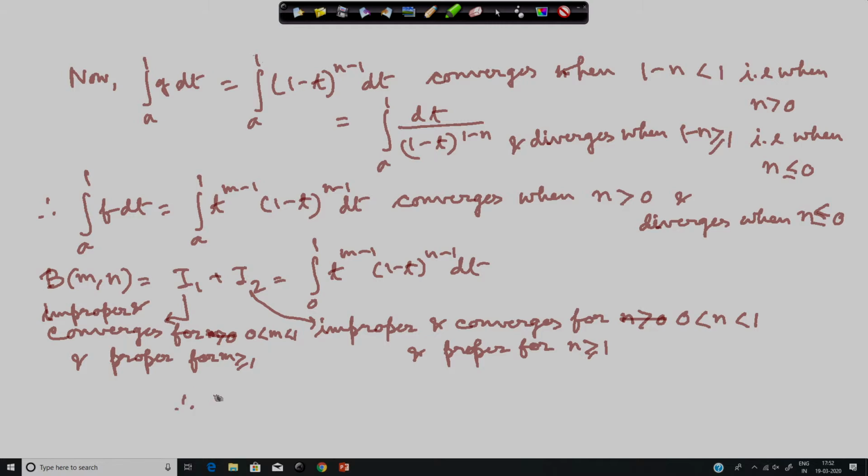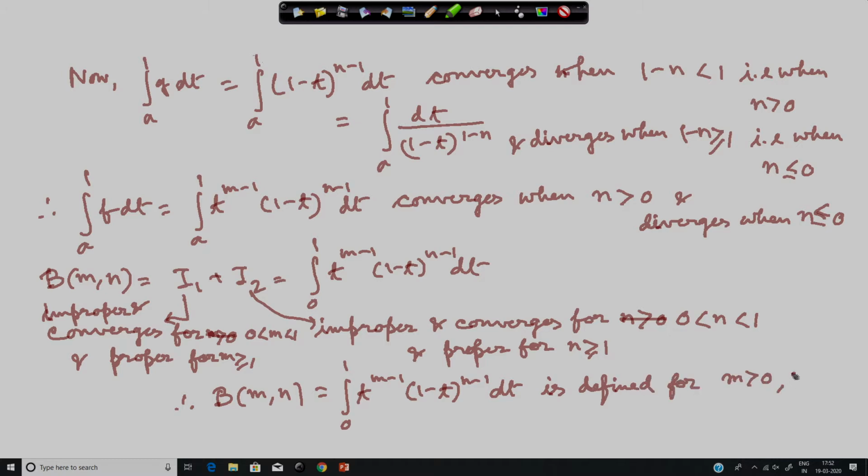Therefore, we say that beta m n equals the integral from 0 to 1 of t to the power m minus 1 times (1 minus t) to the power n minus 1 dt is defined for m greater than 0 and n greater than 0.